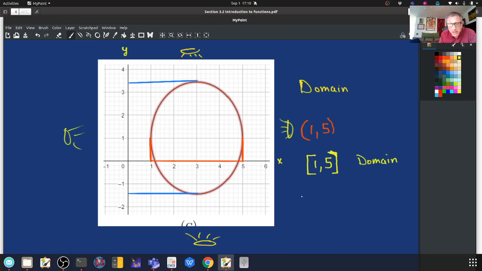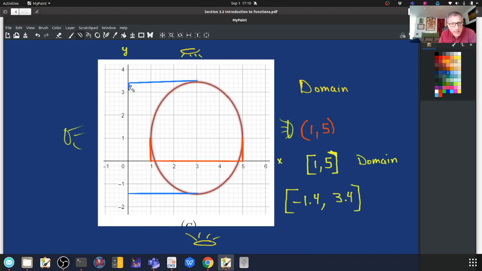So it looks like the range goes from -1.4 to 3.4, something like that. Don't worry about the decimals. This whole exercise is just a visual exercise.